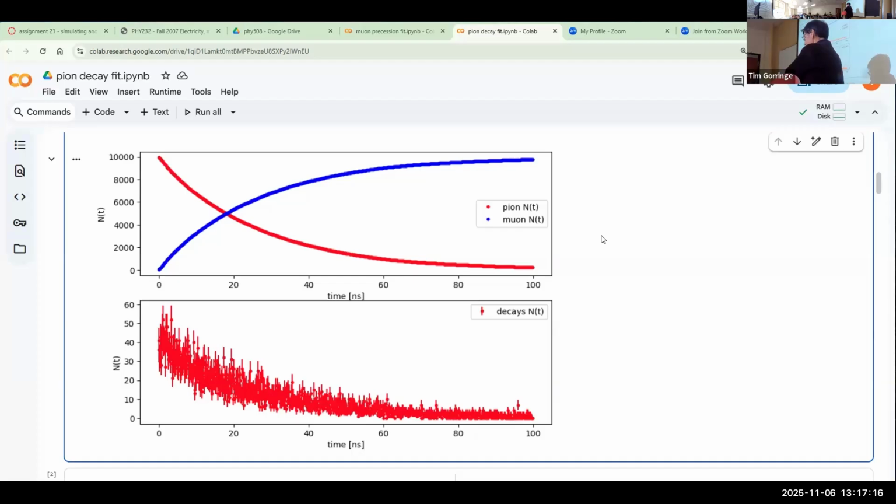Does that also come from Poisson statistics? Yeah, so Gaussian statistics are a limit of Poisson statistics. If the average number of counts is large, let's say 100, then the Poisson distribution starts to look like a Gaussian distribution.